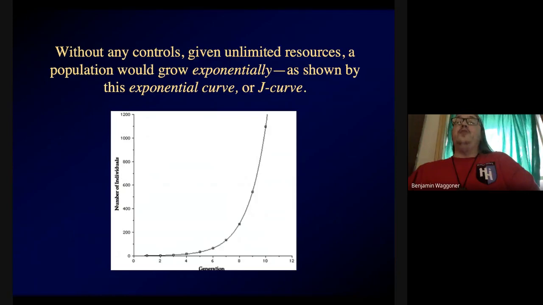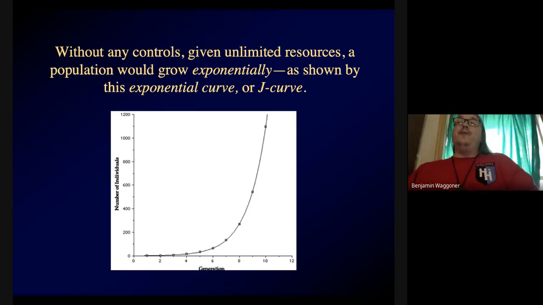If you started with 2, after a certain interval of time, you'd have 4, and then after another interval of time, you'd have 8, and then after another interval of time, you'd have 16, 32, 64. It would keep doubling. We call that exponential growth.